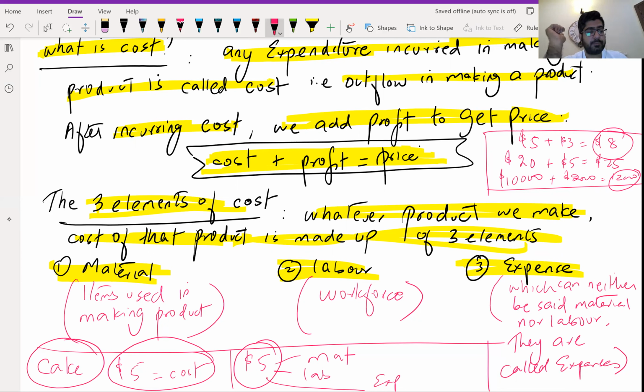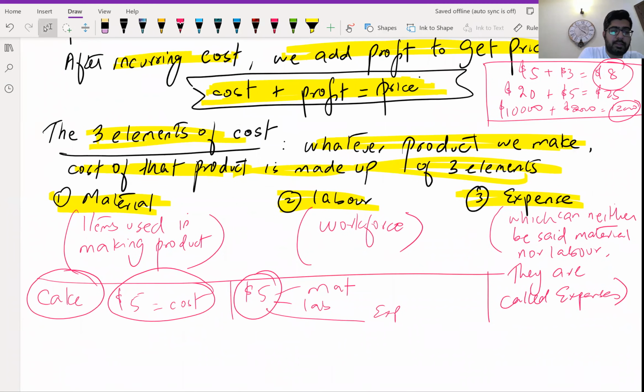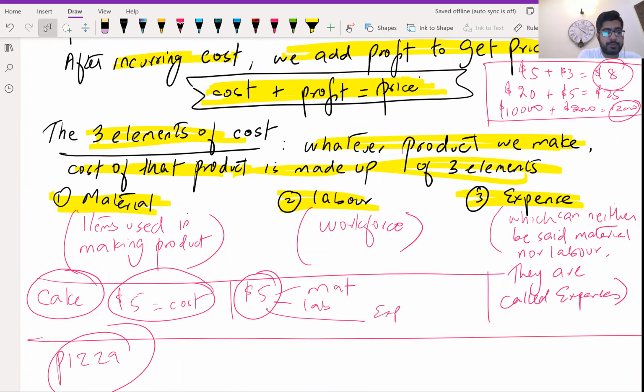Go to the second example. The second example I gave you was of pizza. I was talking to you about a pizza shop. Let's suppose a pizza shop makes pizzas.